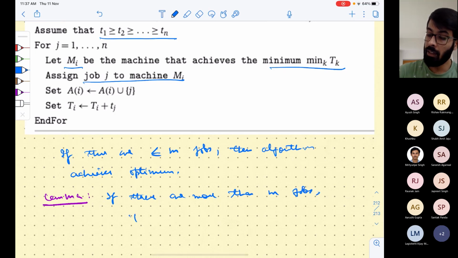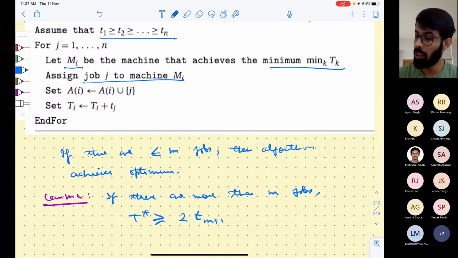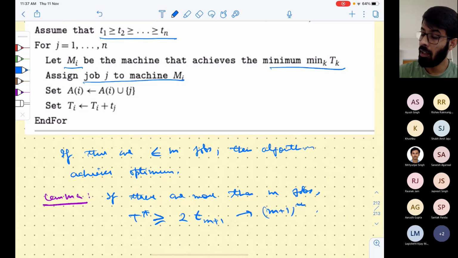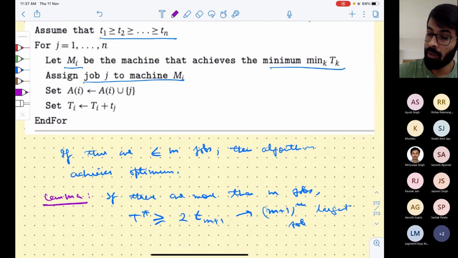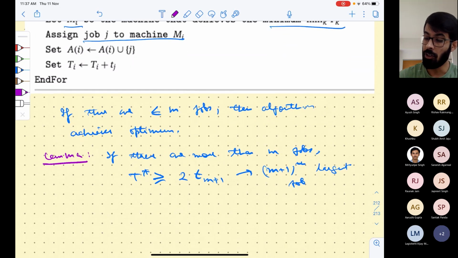Then T star is greater than or equal to 2 times t_{M+1}. What is t_{M+1}? You sort the jobs in this order, t_1 to t_n, where t_1 is the largest job and t_{M+1} is the (M+1)th largest job.